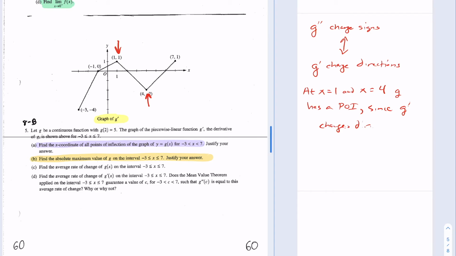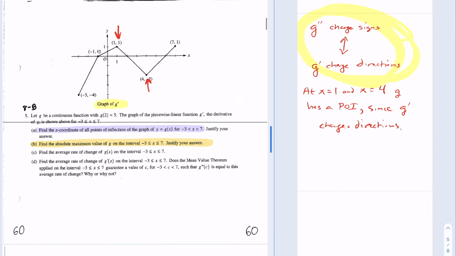That's really all you need to write down. Since G prime changes directions. Okay. But the most pivotal point is understanding that these two are equivalent. Okay? Not a lot of work to be shown. It's a lot of analysis. That's why they call it graph analysis, right?